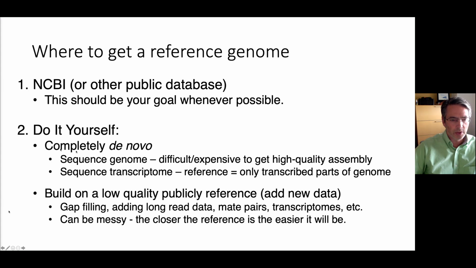Option two, de novo assembly. You can sequence the genome. This is still not cheap, especially if you need to get a high quality assembly. It's getting better, but some of the technologies I talked about in the last class period, particularly the long read sequencing, and Hi-C, which is the Illumina method where you get contact maps based on physical distance, make the assembly better.